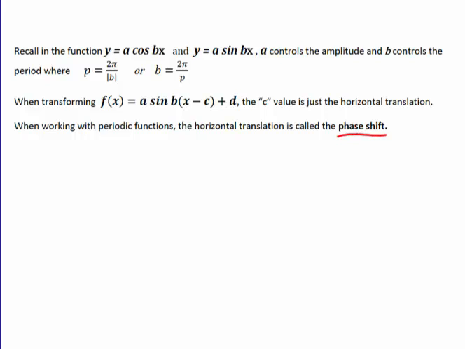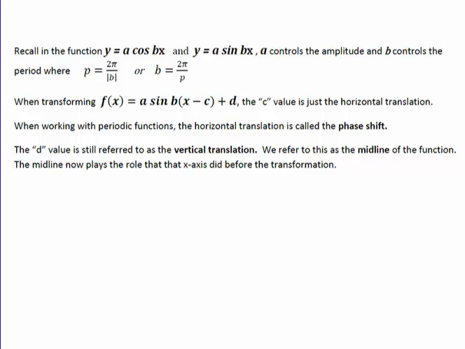So the phase shift is now the c value, or the horizontal translation. And it's either just shifted left or right, phase shifted. Well, the d value is still just referred to as the vertical translation.